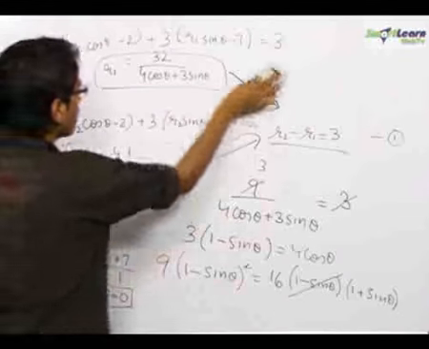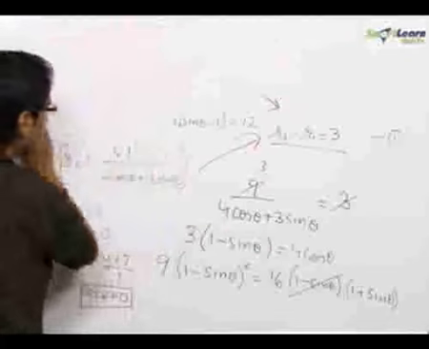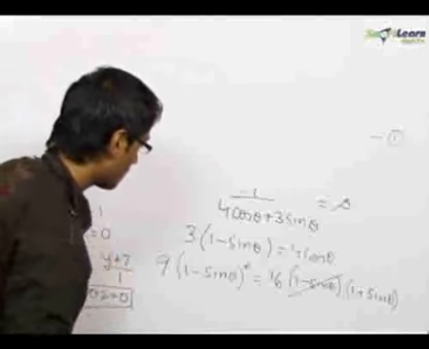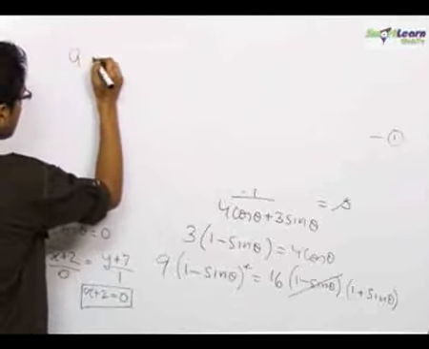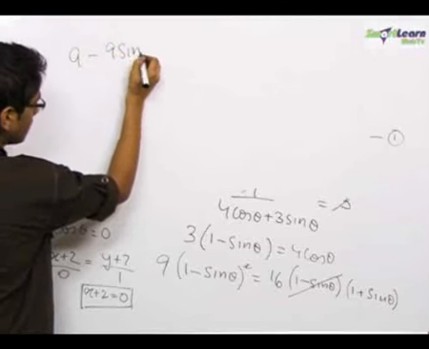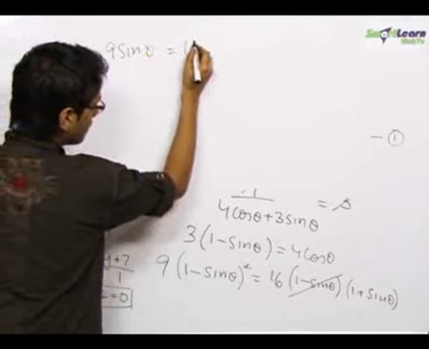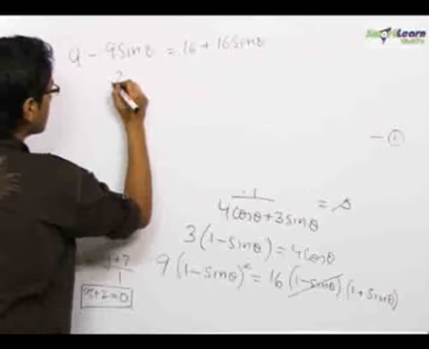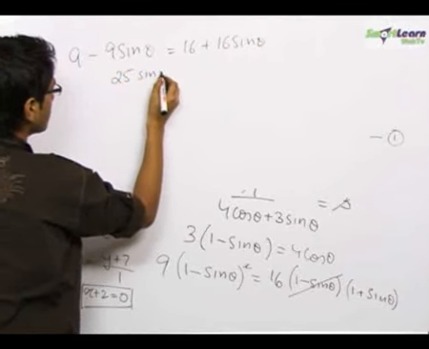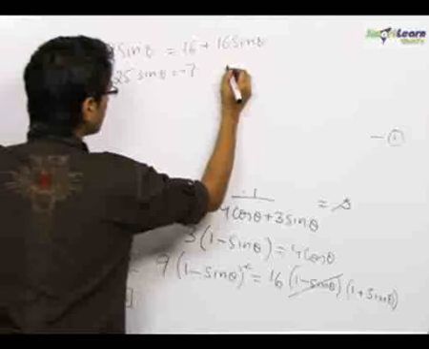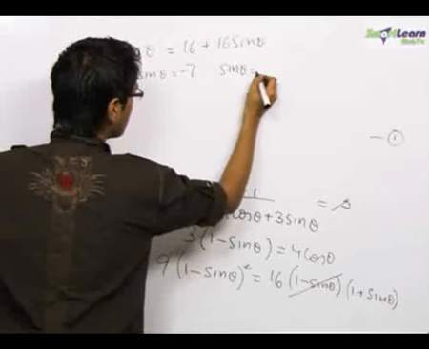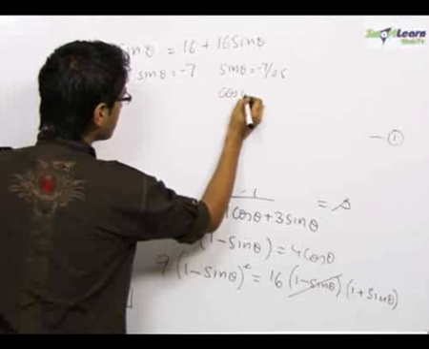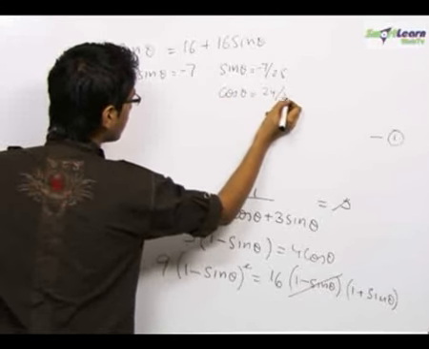Similarly, we can get another equation, as we have one more equation in sin θ and cos θ, which is 9 - 9 sin θ = 16 + 16 sin θ, which gives us 25 sin θ = -7, sin θ = -7/25, and cos θ = 24/25.